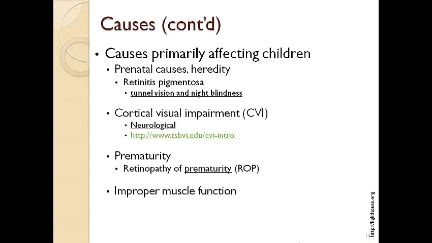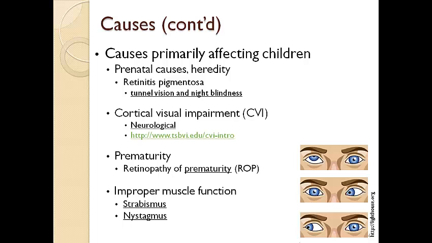Improper muscle functioning can also cause certain visual problems such as strabismus, commonly called lazy eye, which is a condition in which one or both eyes are directed inward, right? And then we also have nystagmus, which is a condition in which there are rapid involuntary movements of the eye. And here you see an illustration of strabismus.